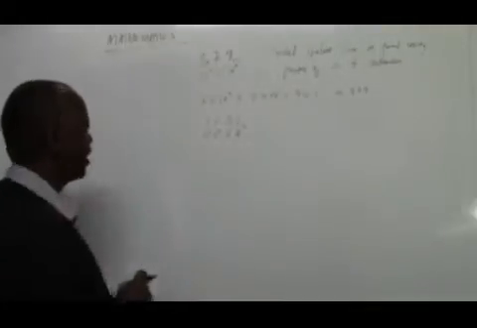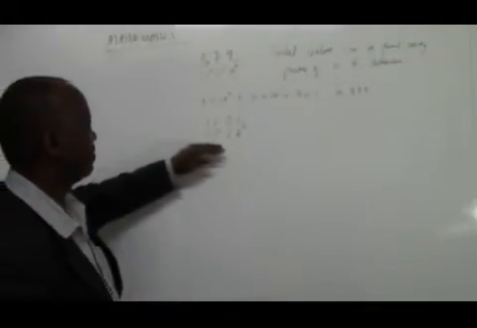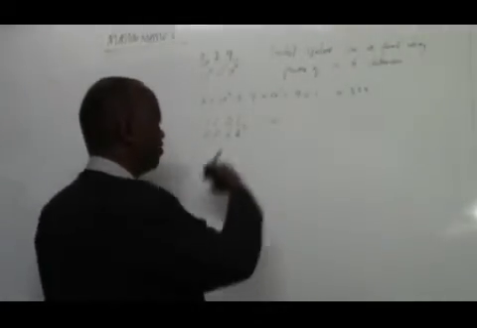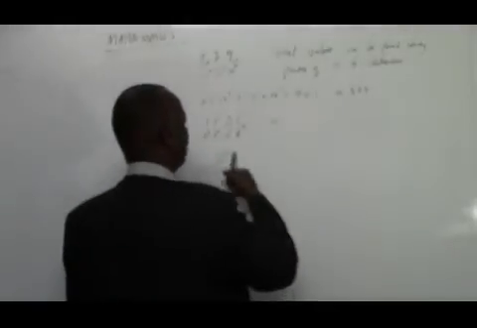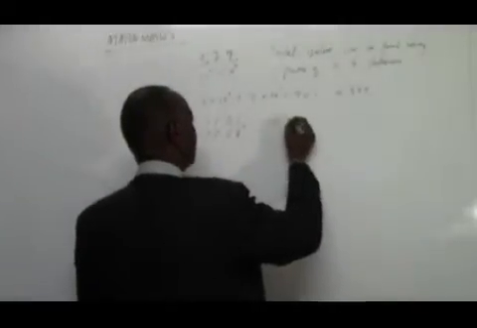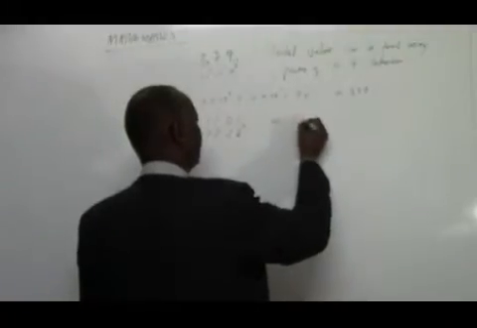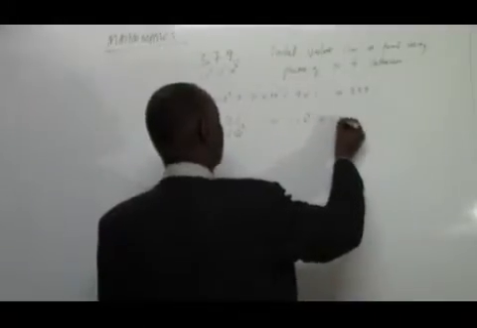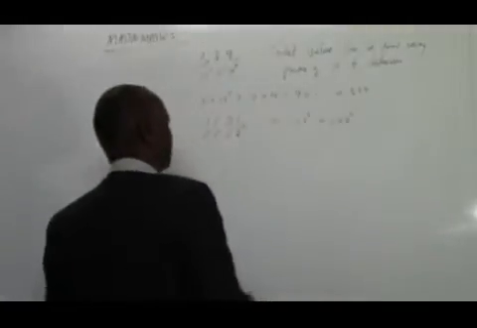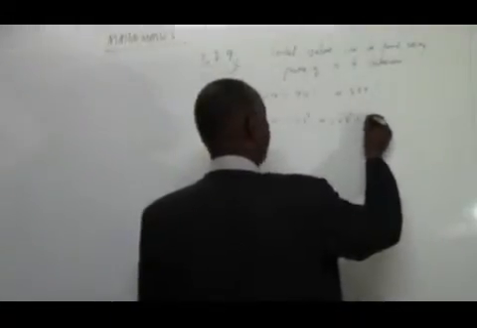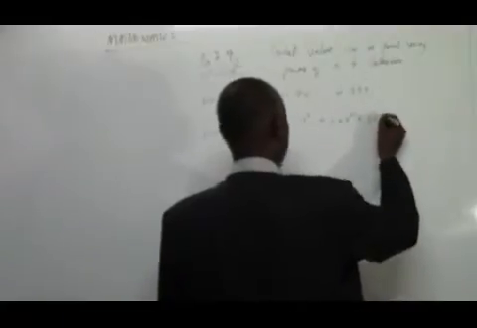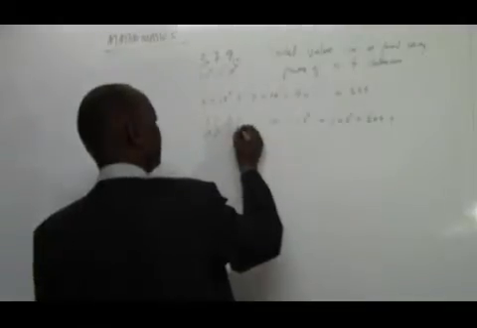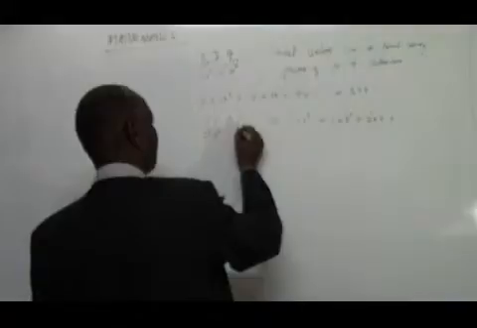And if you do that, we can convert this to base 10. It will be 1 times 2 to the power of 3, which is 8, plus 1 times 2 to the power of 2, which is 4, plus 0 times 2 to the power of 1, which is 0, plus 1 times 2 to the power of 0, which is 1.